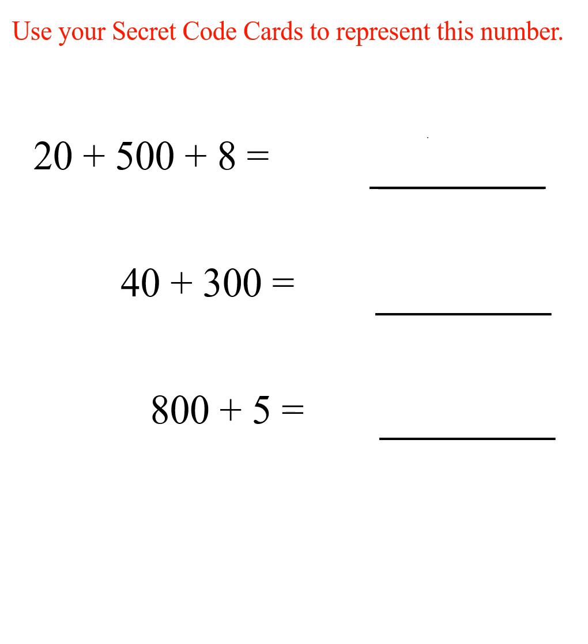So I see 500. So I'm going to put my 500 first. And then I notice over here my tens. So I'm going to put my 2 in the tens place, because 2 tens is equal to 20. And then my 8 ones, they go in my ones place.